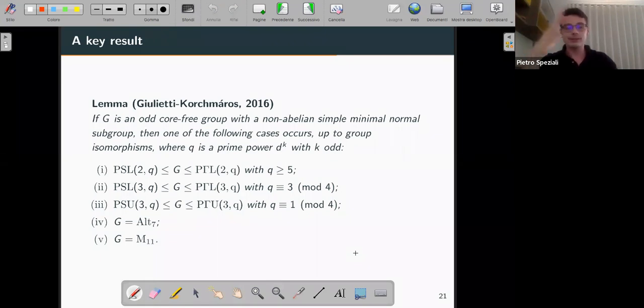So you see that you have not many possibilities. I will show you the full possibilities for even genus a bit later. We have PSL(2,q) and PΓL(2,q), so linear or semi-linear groups of small dimension, which is a blessing. Or we may have Alt7 or M11, so we get even to sporadic groups.